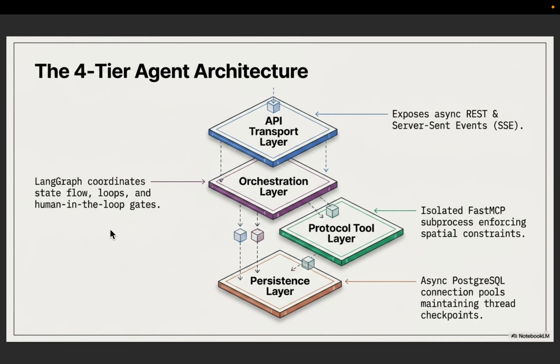Also, I'm going to make a LangGraph coordinator, that is, I'm going to use the state flow loops and the human-in-the-loop gates that I was showing previously also. After that, I'm going to move on to the API transport layer. This will expose the asynchronous REST and server-sent events.